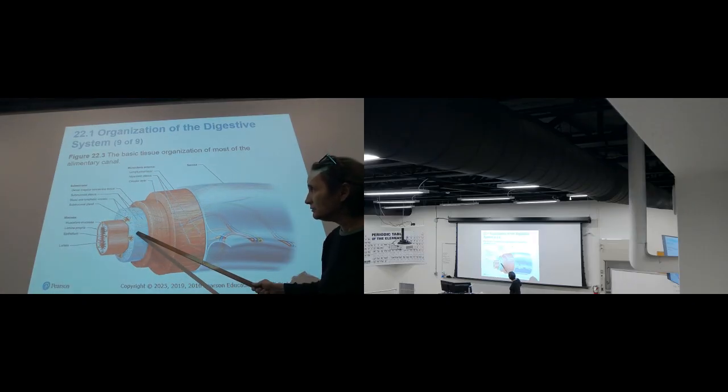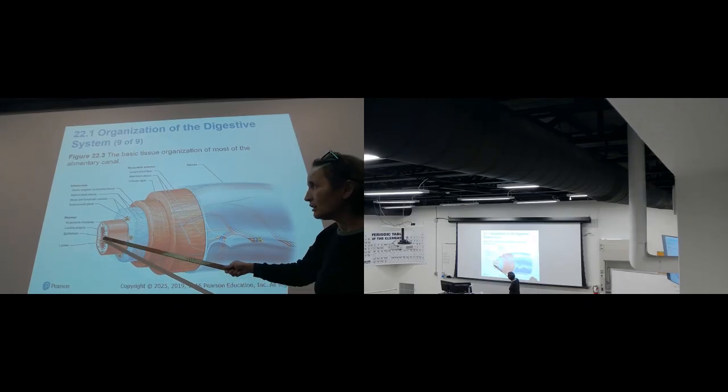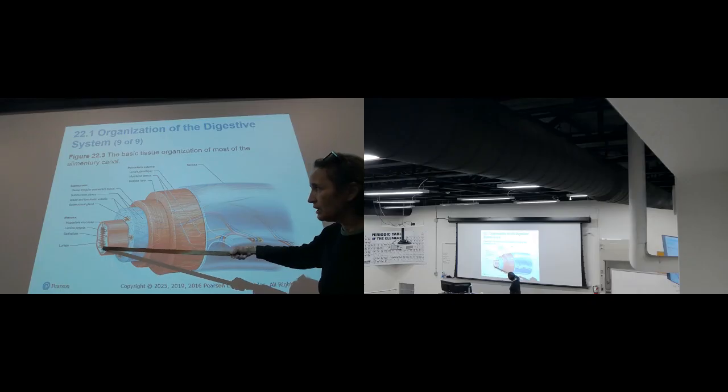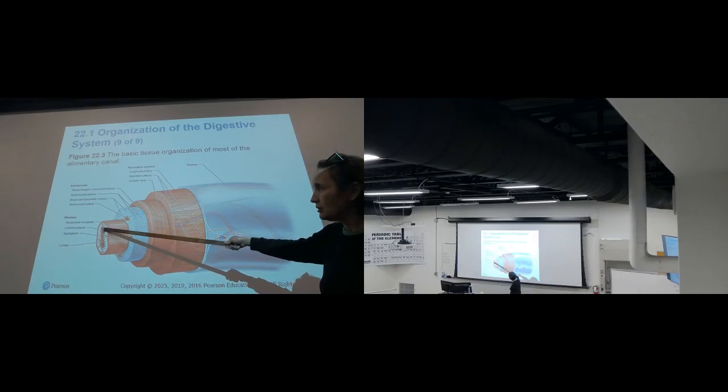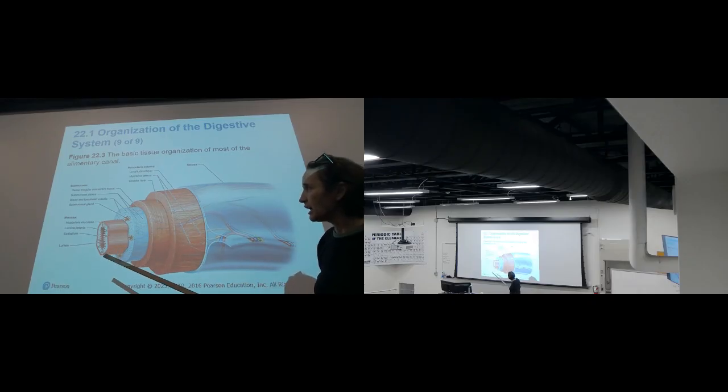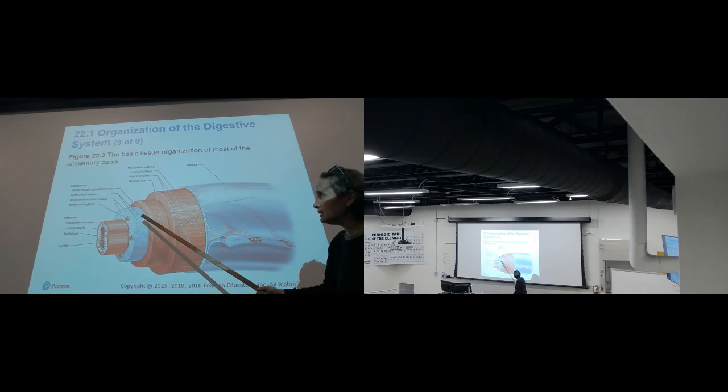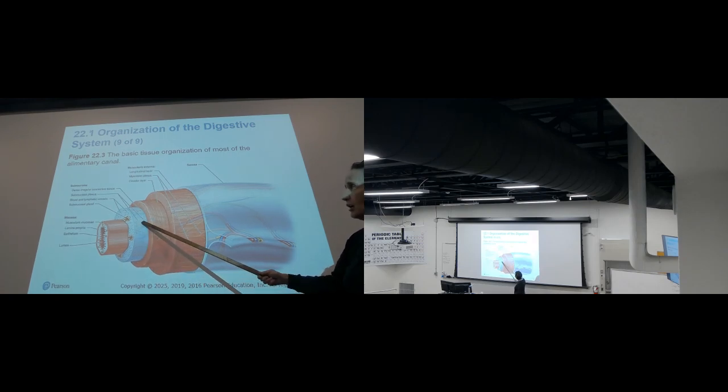Then we have the submucosa with submucosal glands that have a duct that drains mucus into this lumen so that you can have additional lubrication. In the submucosa we have lymphatics, blood vessels, and nerves.